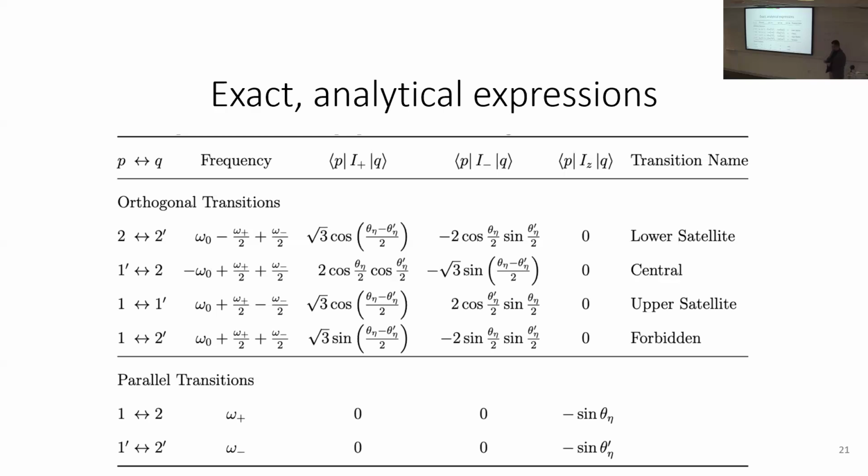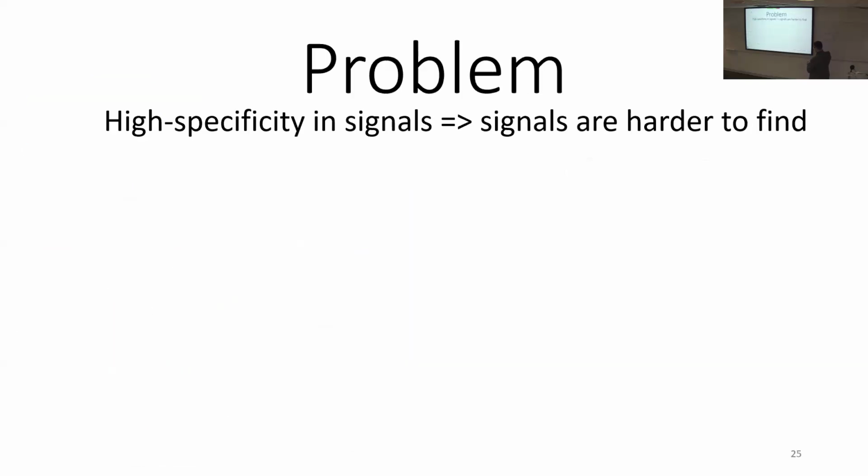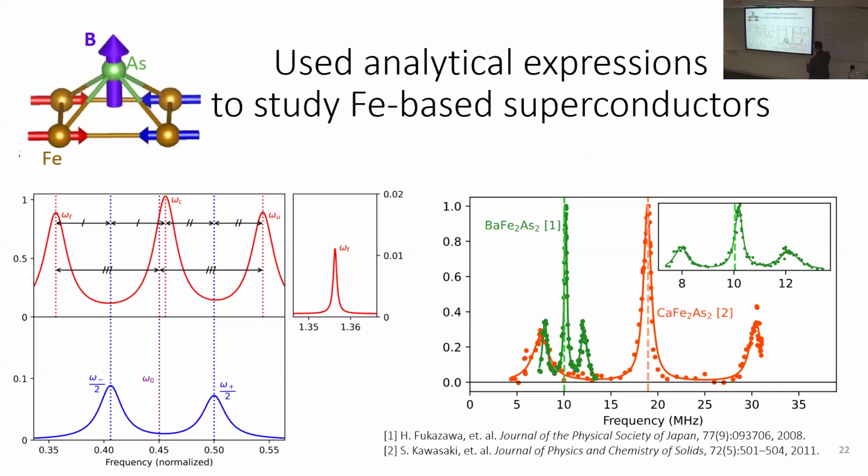Unfortunately, it is hard to measure them, because you can see here these relative peak heights are pretty small compared to the main transition frequencies. But if you can measure them, you can say a lot about the EFG asymmetry directly. It's hard to measure them directly, that's right.